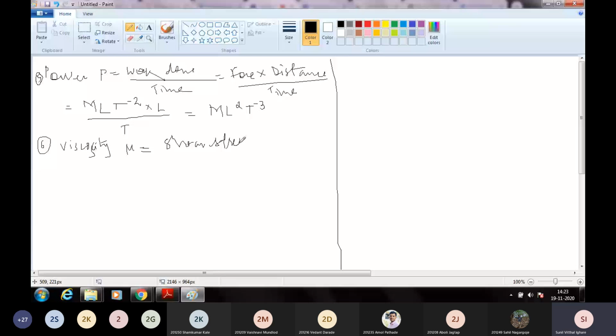So shear stress is what? Force divided by area, divided by shear strain. Shear strain means what? That is du divided by dy.